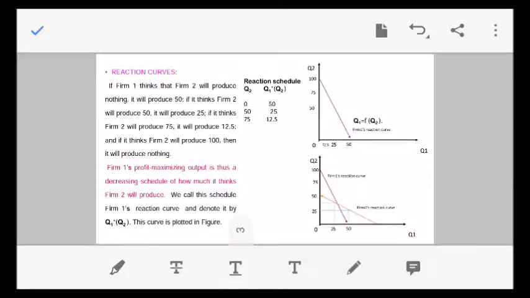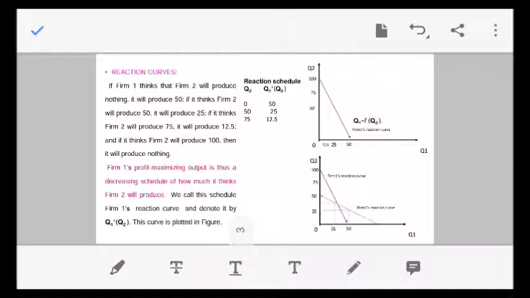Now, after that, we have a concept called the reaction curve. What is the reaction curve? The reaction curve shows firm 1's reaction to firm 2's output.